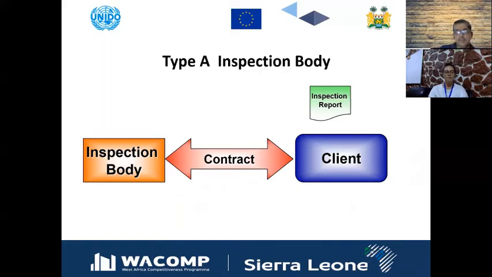If it is under the PMB, its inspection body would inspect the agriculture produce and serve the inspection certificate to the higher authority of the PMB, and they will take the decision either to pass those produce or not, and whether they are fulfilling the international requirement.